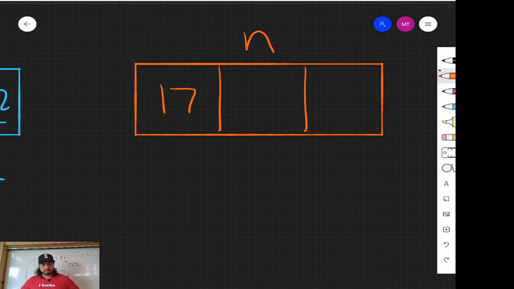With any shortcut in math, it's important to know why that's allowed, right? Why can, if I have 20 times 5, I can just do 2 times 5 and add a 0 at the end, and that gives me an accurate answer. Why is that allowed, right? Being able to say that is important.